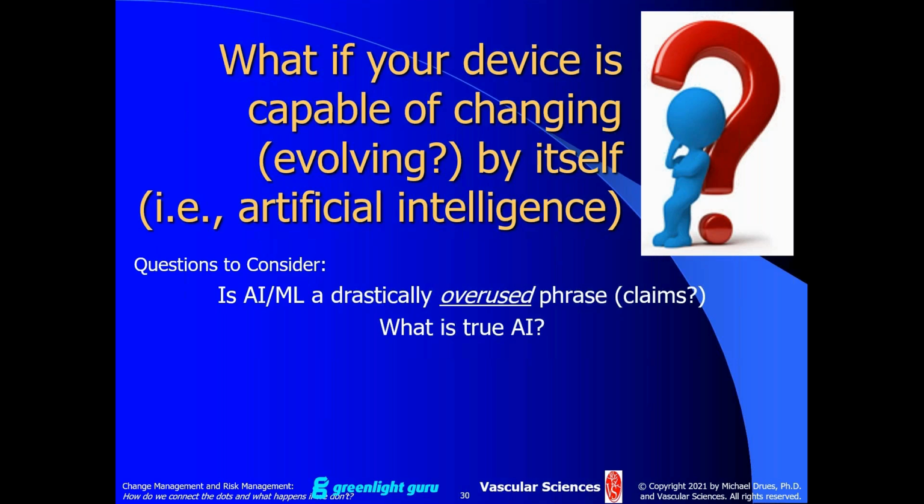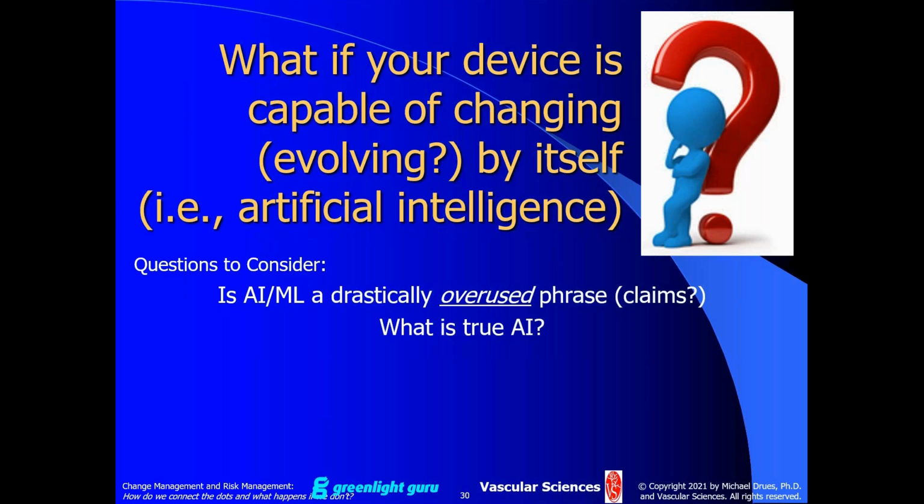It's a product that is capable of learning and changing and evolving all by itself without any help from the outside world. In other words, I'm going to use a simple example, a catheter. If we put a catheter onto the market today, and we find out, for example, from our cardiologist users that they want that catheter to be a little longer or a little shorter, obviously that catheter is not capable of changing its length by itself.